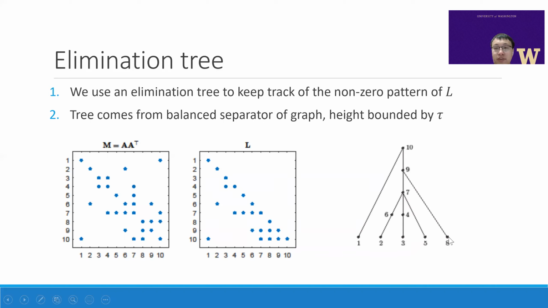And we walk from 8 to the root 10, so it's exactly 8, 9, 10. And for another example, column 6 has the non-zero pattern 6, 7, and 9. So here you can work out the path is 6, 7, 9, 10. So it's exactly a subset of that path.